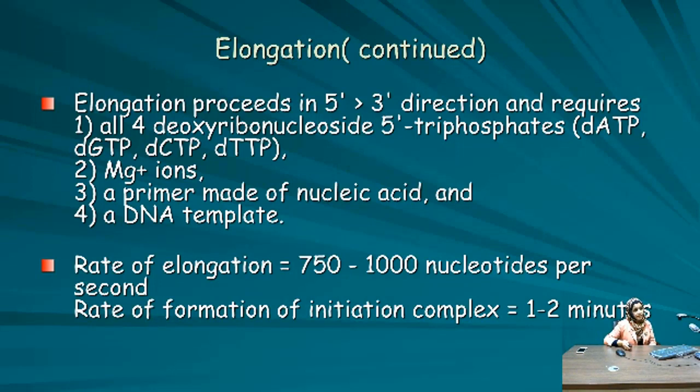Elongation proceeds in the 5' to 3' direction and requires, number 1, all 4 deoxyribonucleoside 5' triphosphates, deoxyadenosine triphosphate and so on, magnesium ions, a primer made of nucleic acid, and the DNA template.